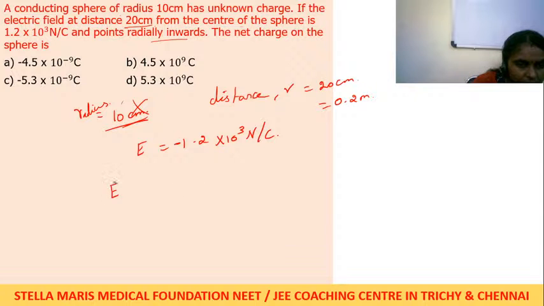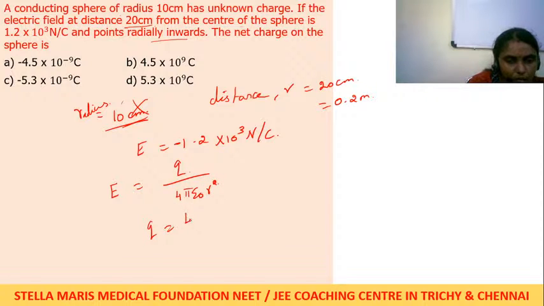We know E is equal to Q divided by 4 pi epsilon naught R squared. So Q will be equal to 4 pi epsilon naught into R squared into E. We know that 1 by 4 pi epsilon naught is equal to 9 into 10 power 9. But here the 4 pi epsilon naught is in the numerator, correct?